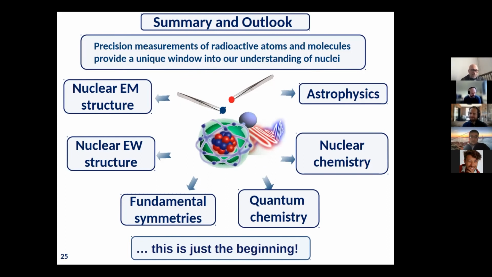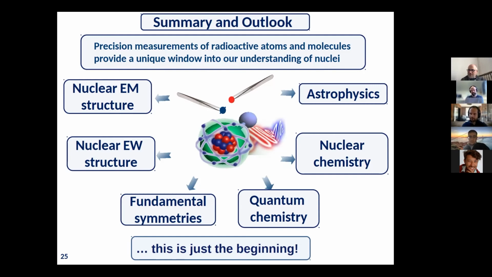The second comment is, maybe you heard there is this proposal for the gamma factory at CERN, and that should also be able to produce all kinds of interesting isotopes in copious amounts.